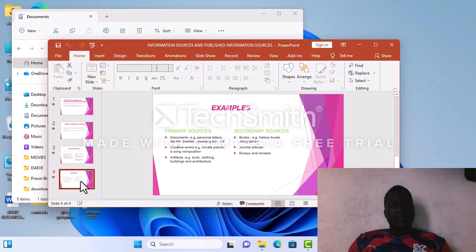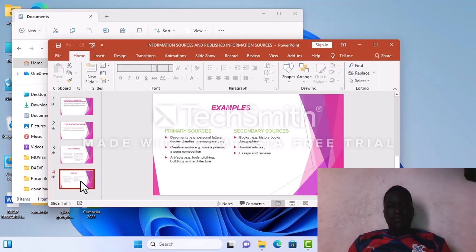Then creative works, which involve novels, poems, and song compositions. Then artifacts, which means tools, clothing, buildings, and architecture. You get a building like this one, you don't have any copy of it. It is this building, and it will remain this building.